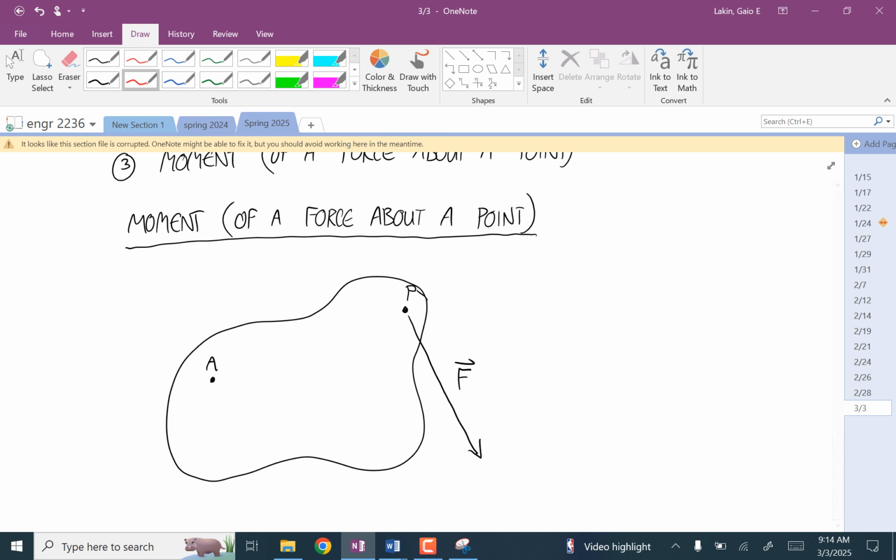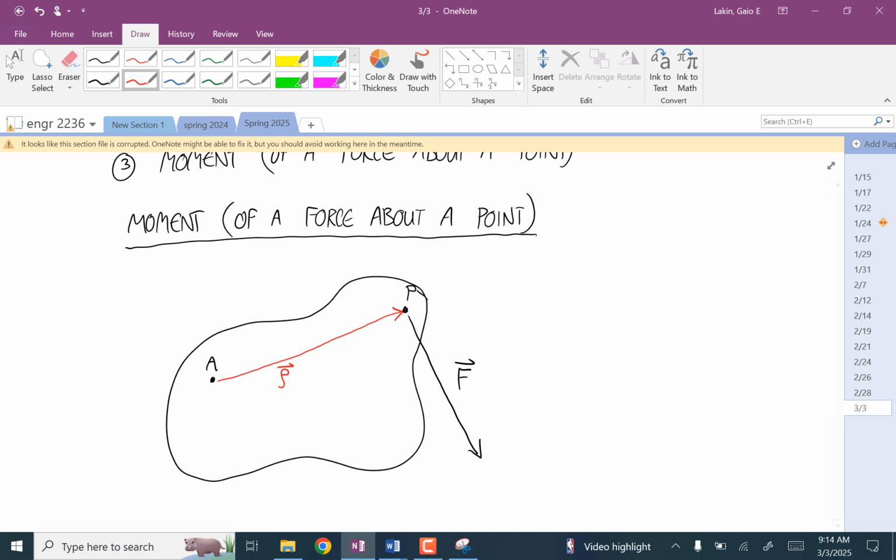So this rho vector is the vector that starts at A and goes to P. So this is the rho vector.